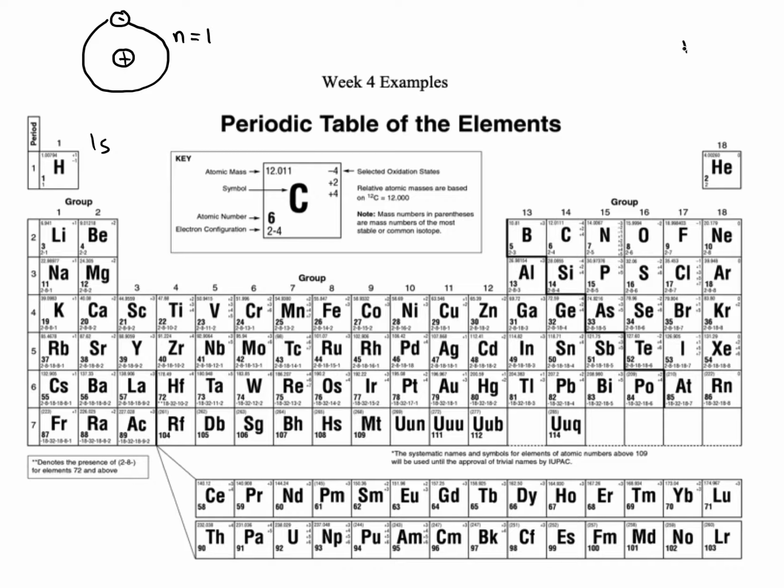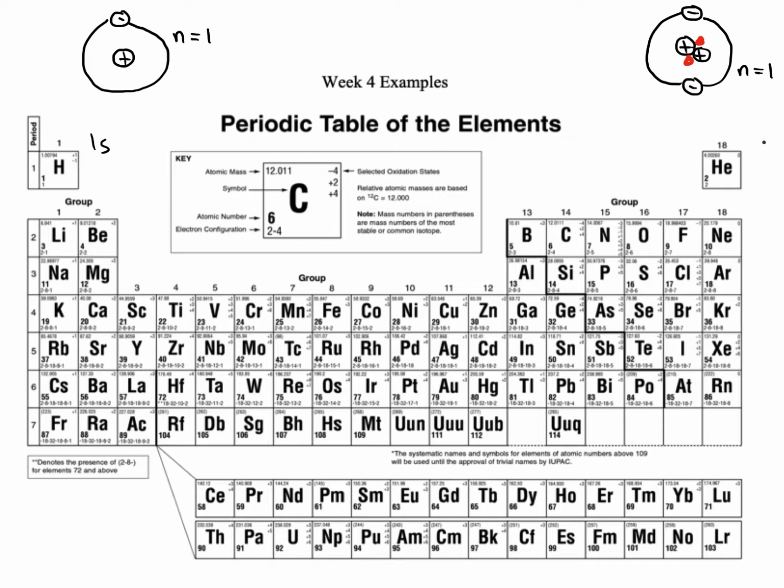If you go on here to helium, we could have a Bohr model that looks like this. It's got 2 electrons in the n equals 1 shell, according to the Bohr model.